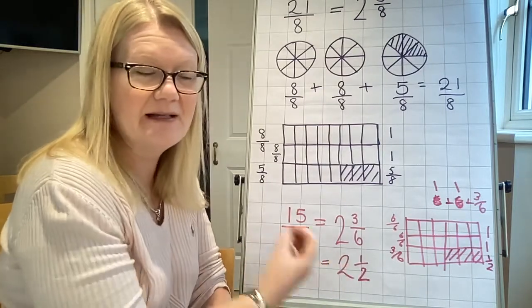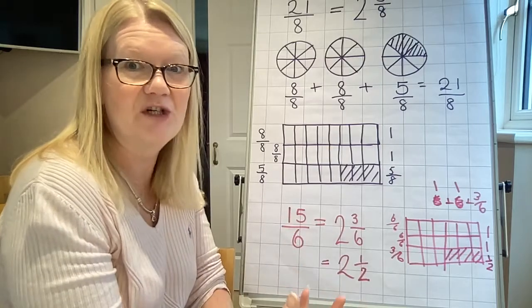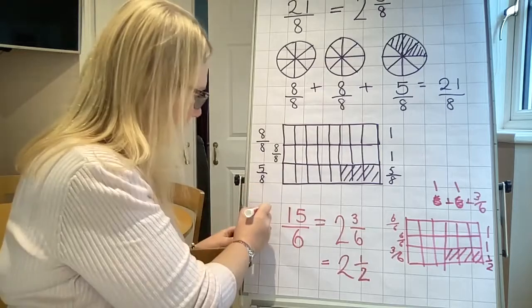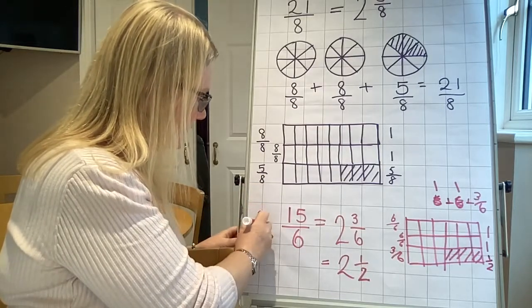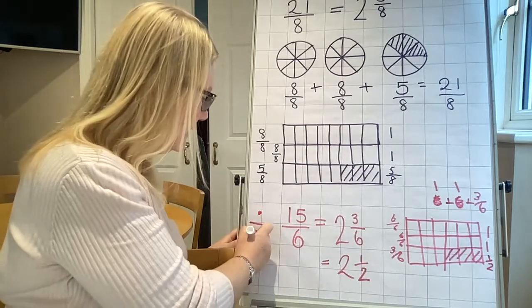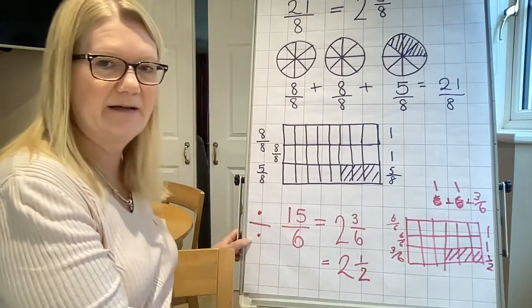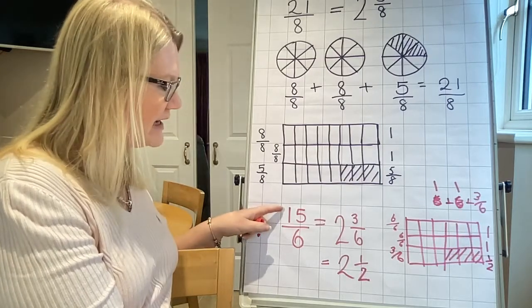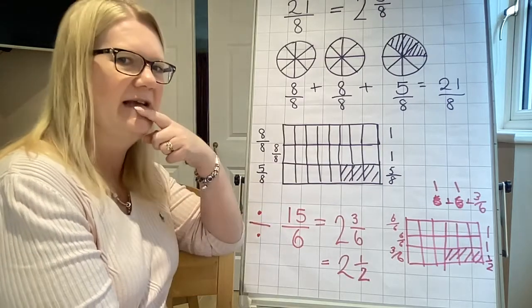And we've talked about this. One of the meanings of a fraction is simply division. You've got your numerator, you've got your vinculum, which is the posh word for the line across the middle, and you've got your denominator. It gives you a clue that it is divide, okay? So I've said 15 divided by 6.